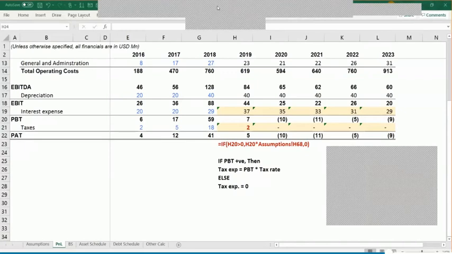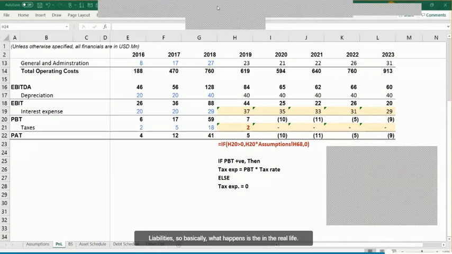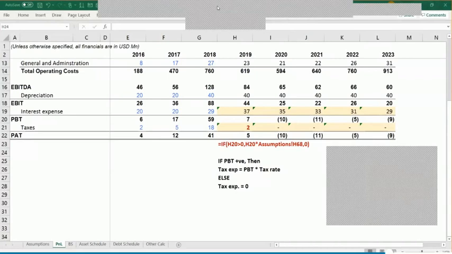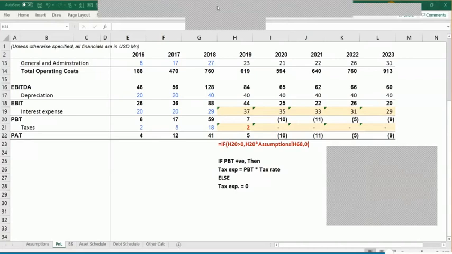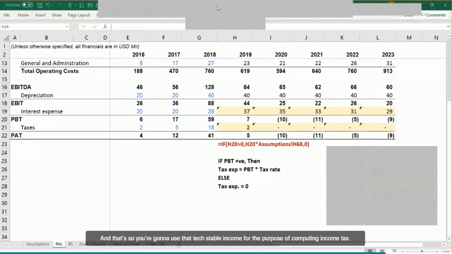Arun, I see you have a question related to the deferred tax assets and liabilities. See, basically what happens is, in a real life situation, if you are talking about a company which is operating in any country, let's say India, then we must be fully aware of the applicable tax laws as to how we compute the taxable income, and that's how we use that taxable income for computing income tax.